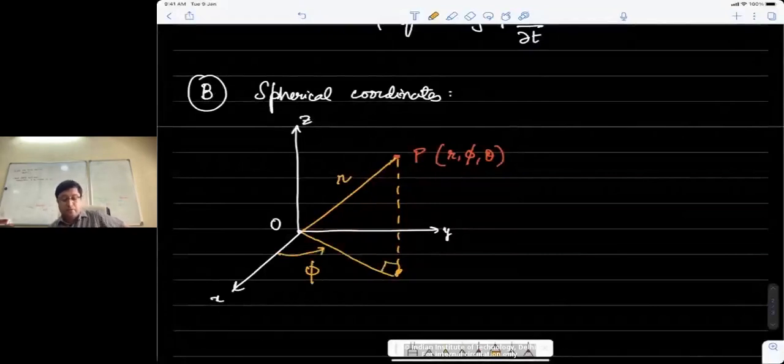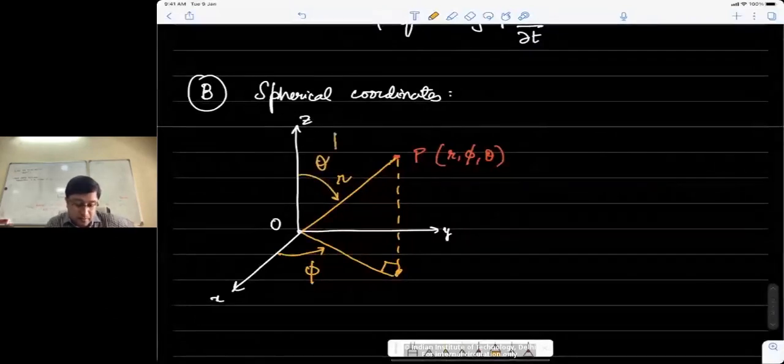So this is again a perpendicular, and then the angle of the line OP from the z axis, I would say this angle is what is called theta, which is the polar angle or the zenith angle. Some books call it the polar angle, some also call it the zenith angle. And phi I said is the azimuthal angle.